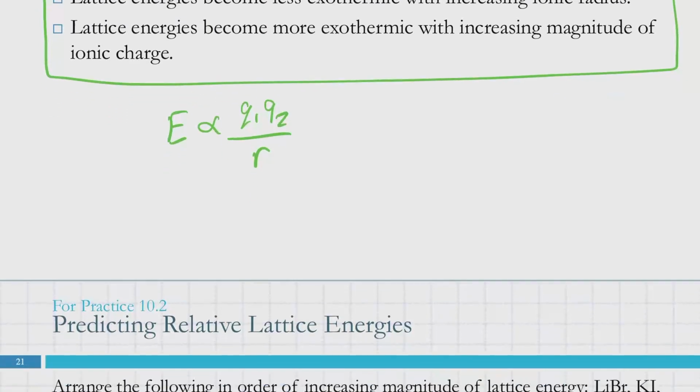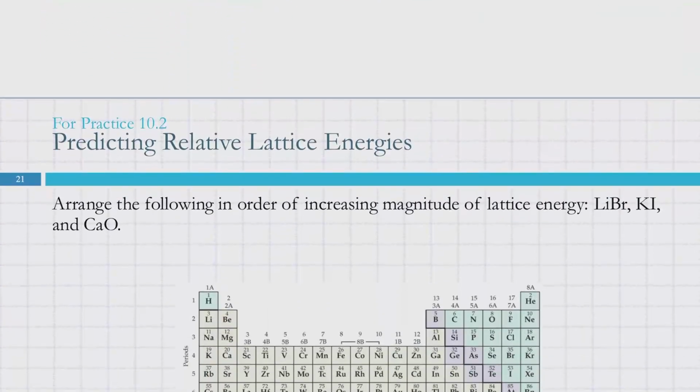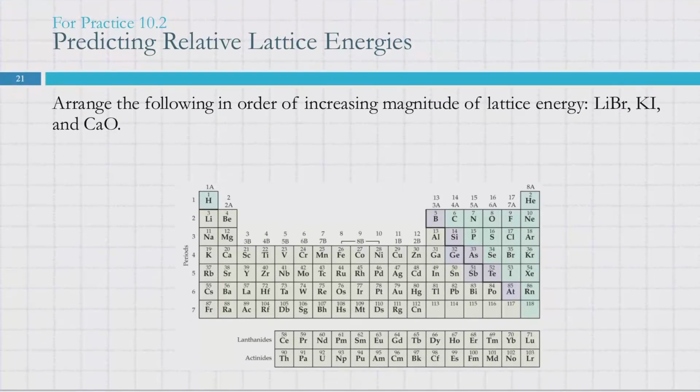Some live, in-person predictions for lattice energy. Please arrange the following in order of increasing magnitude of lattice energy. We've got lithium bromide, potassium iodide, calcium oxide. So we're going from lowest to highest lattice energy.